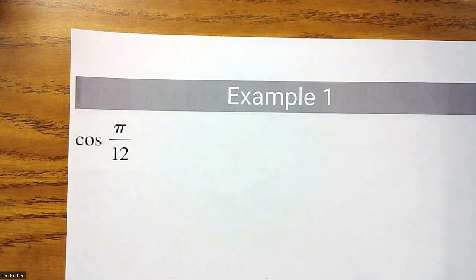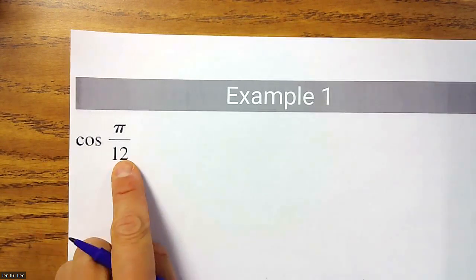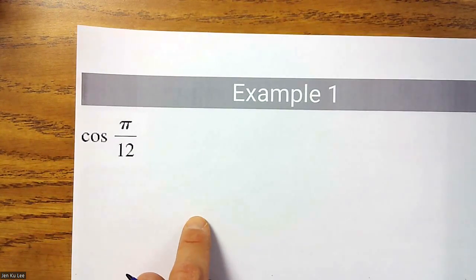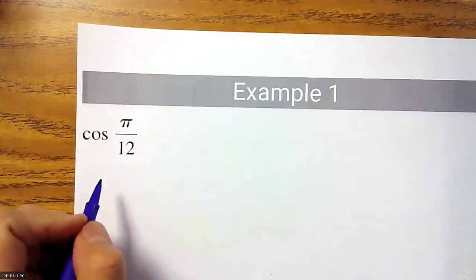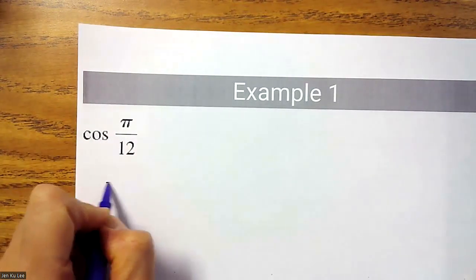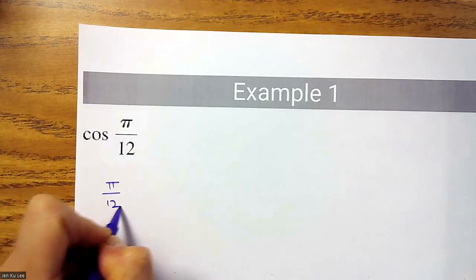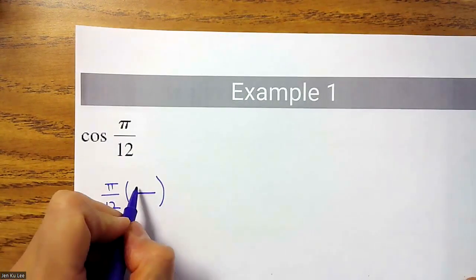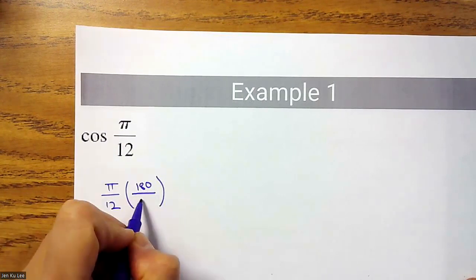Yeah, we can convert this radian measure into degrees, right? So to convert pi over 12 into degrees, we are going to multiply that by 180 over pi.